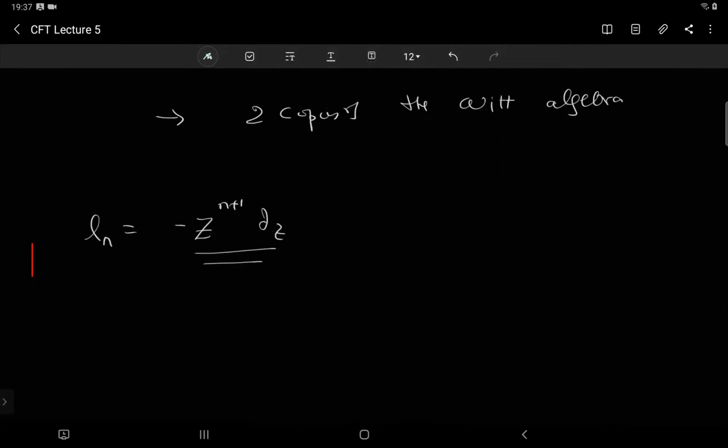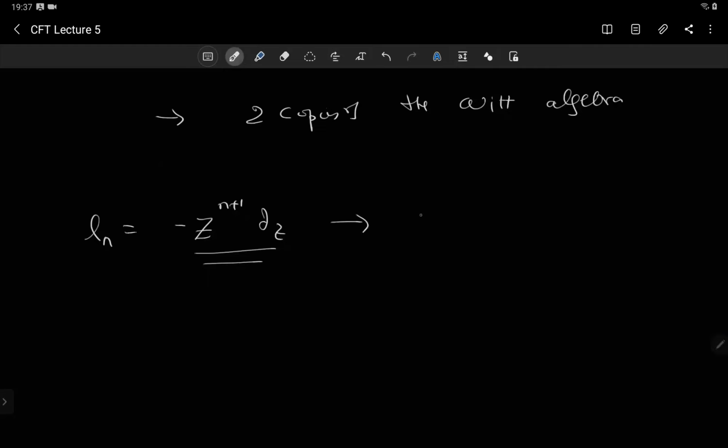These are the generators, but they are not globally defined; they are not defined everywhere. Why? Suppose you take n less than -1. Then this blows up at z equal to 0, because z becomes a denominator and the generators become infinite.